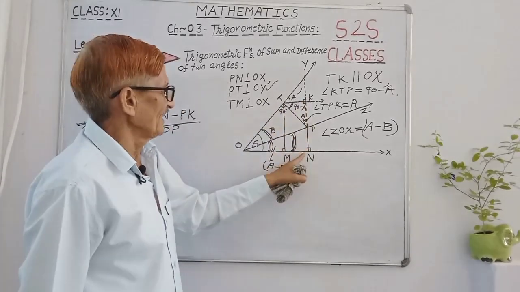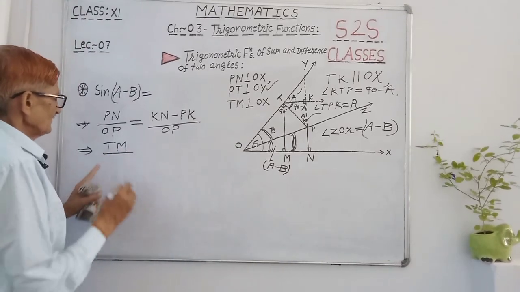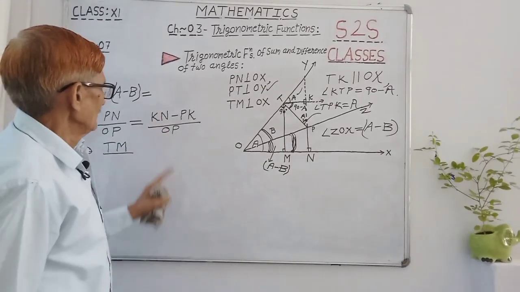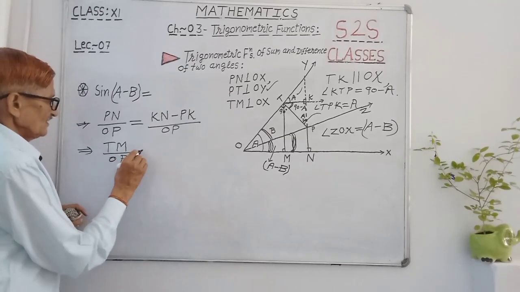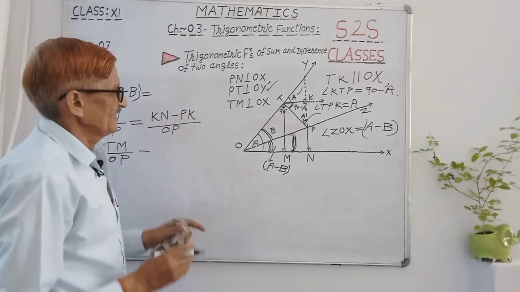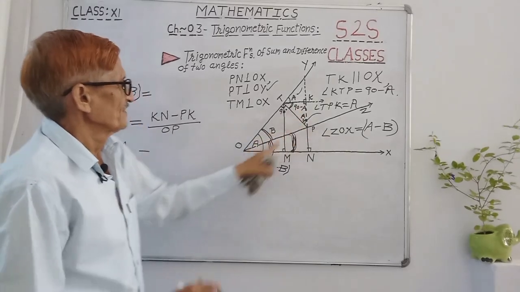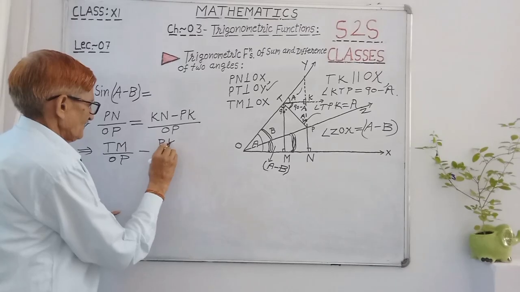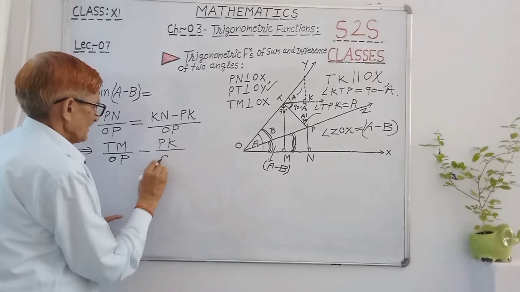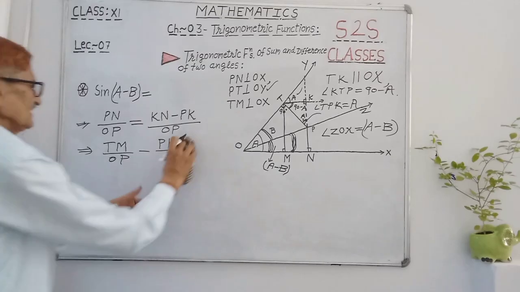So KN is equal to TM. TM divided by OP minus PK divided by OP. We can write this.